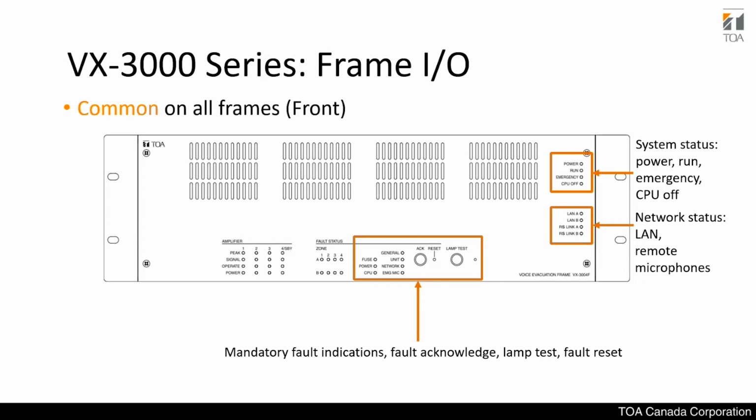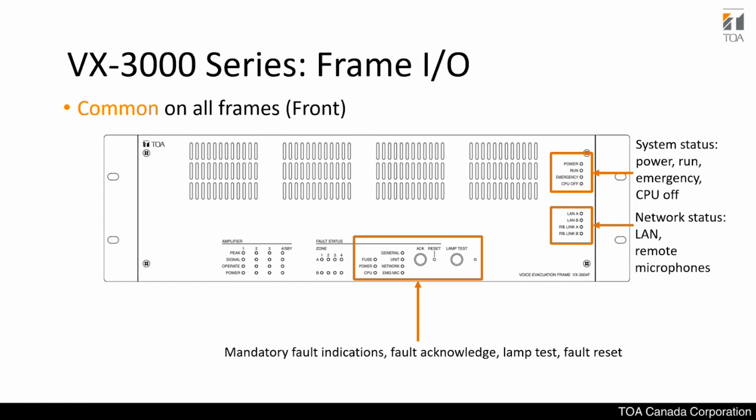For indications, there is a fault indicator on the front of the frame, allowing easy and quick diagnosis if there is any failure on the device. You can see a fuse status failure indicator, power failure indicator, CPU failure indicator, and a general indicator for anything that doesn't fall in any of those categories.